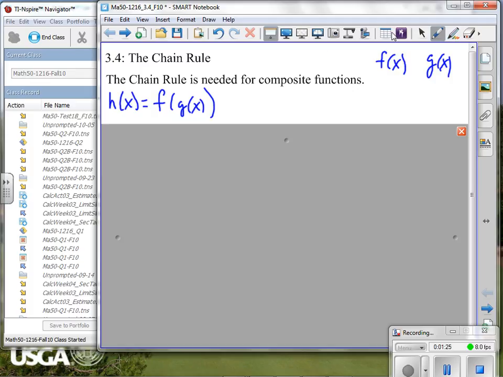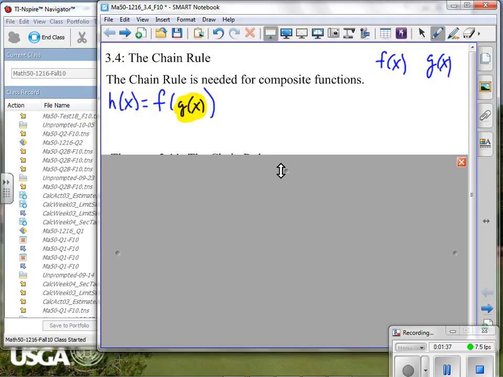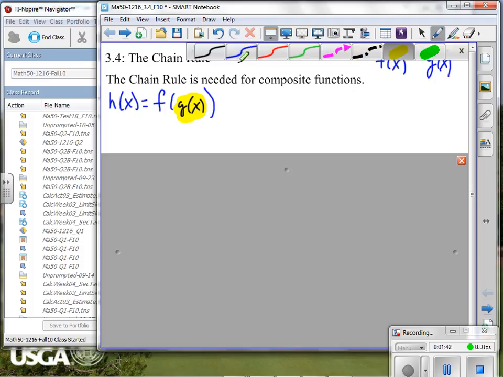What we have then is this whole thing of g of x. Now, in our discussion, in our function f of x, what is the role? What is the responsibility?